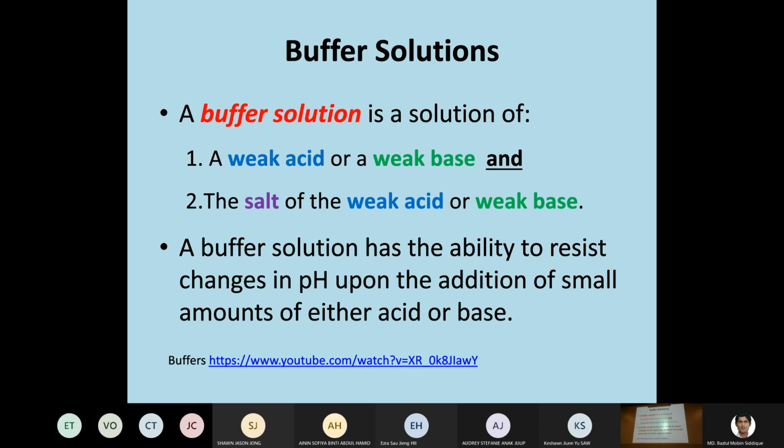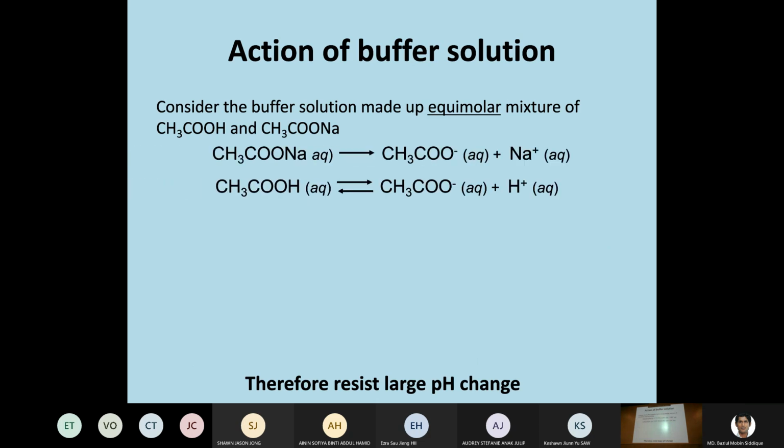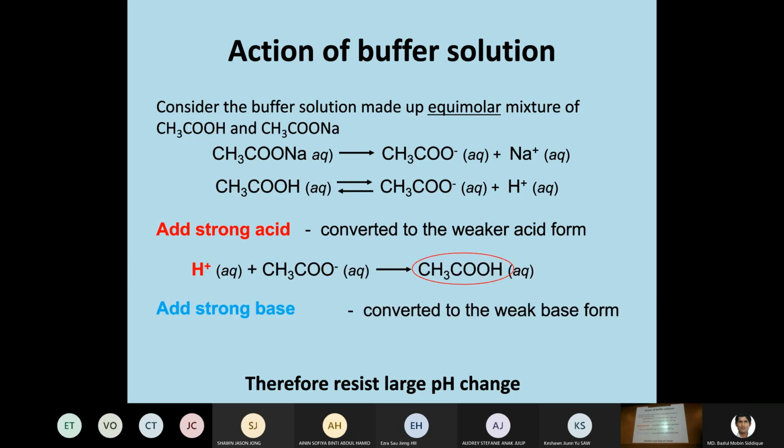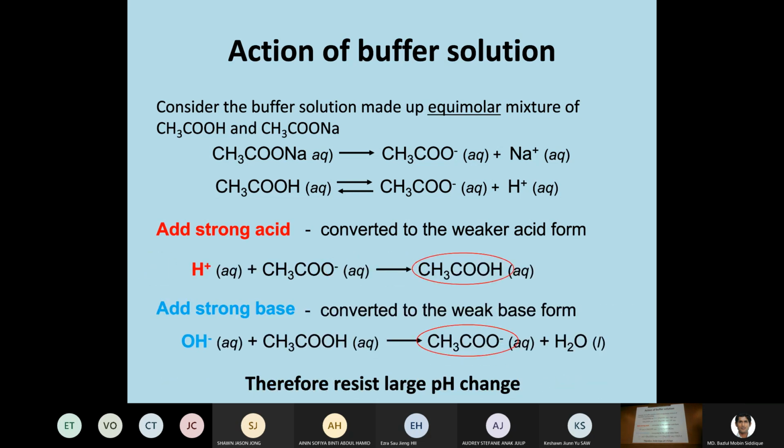The buffer can resist changes in pH, we know. Sodium acetate and acetic acid produce a buffer solution because they can resist the changes due to their common ion.